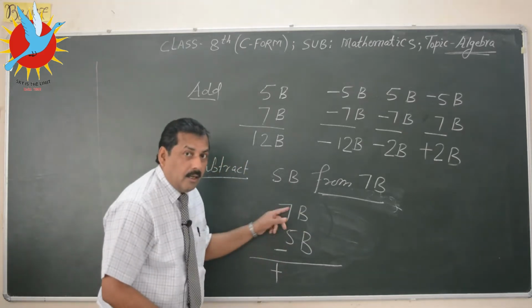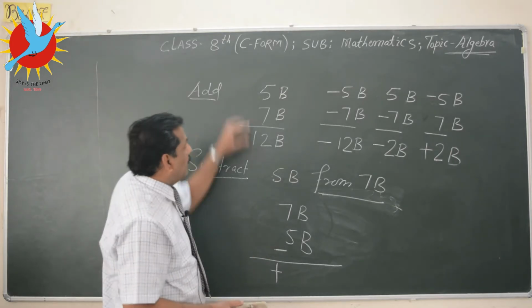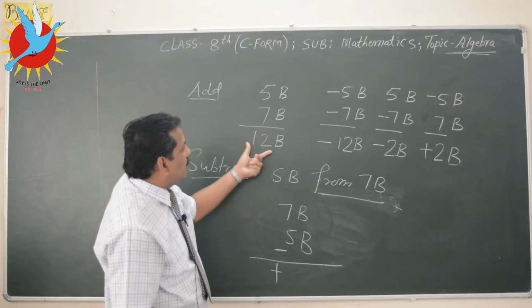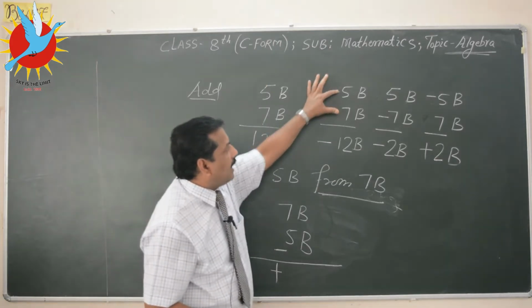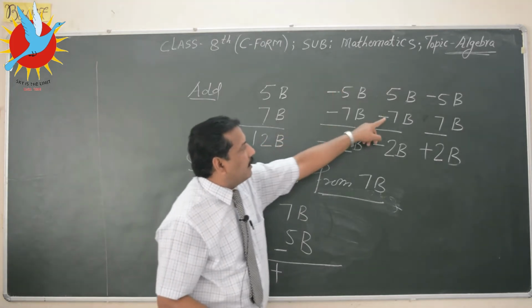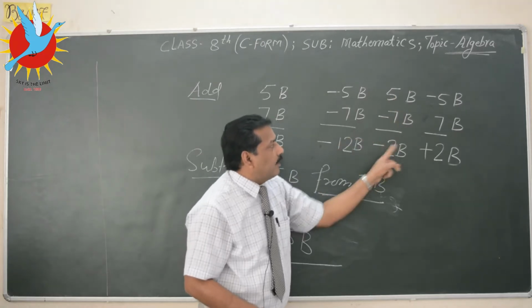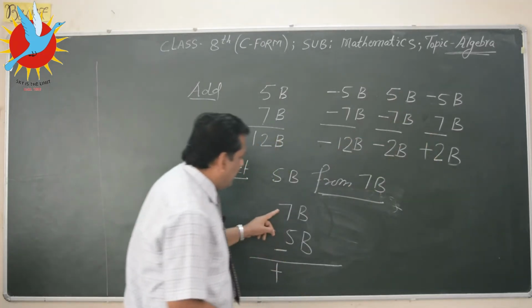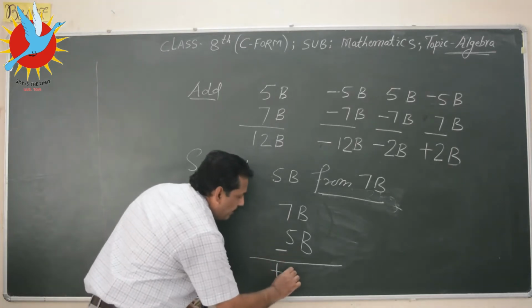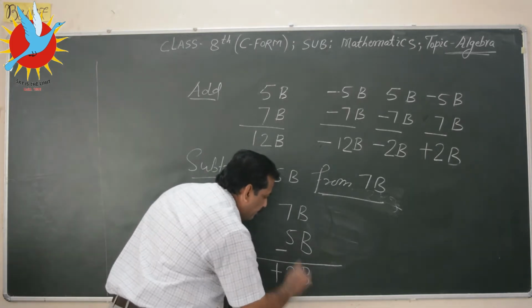And then, combining or difference? Difference, because here the signs are different. Where the signs are similar, plus plus, these two numbers are combined in addition, but here the signs are different, therefore we have to take the difference of these two numbers. So 7 and 5, the difference is 2, and this is b.